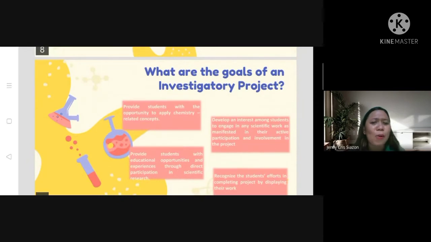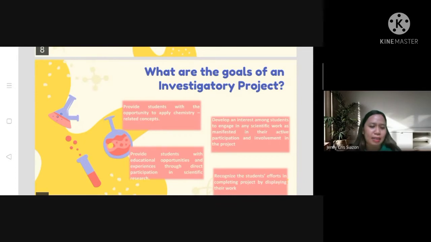So what are the goals of an investigatory project? No? Why are we conducting this kind of project in our school? No? Bakit pinaglalaanan ng oras, ng effort, especially your teachers in discussing this kind of project to you as students?